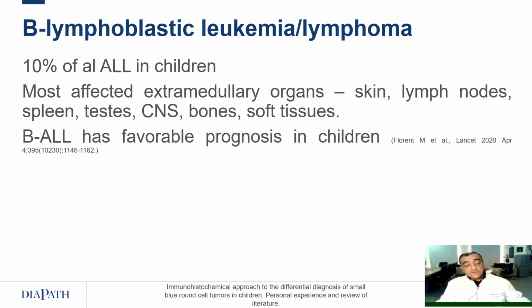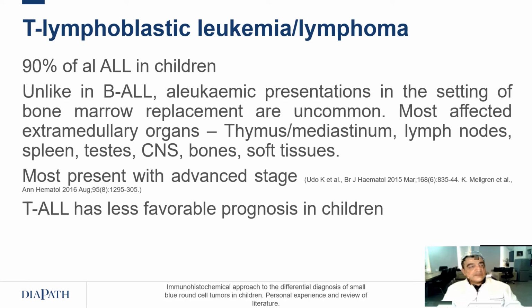And of course, B-type ALL has a more or less favorable prognosis in children compared with the other type, T lymphoblastic leukemia lymphoma. It accounts for roughly 90% of all cases in children, and unlike B-ALL, T-cell lymphoma leukemia has a leukemic presentation.